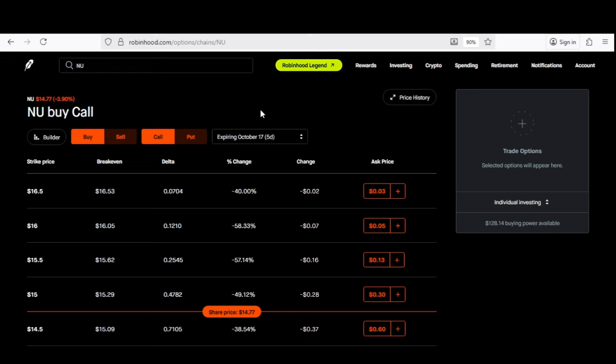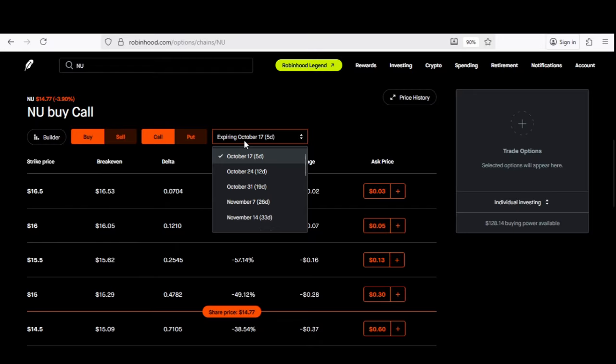Now, for the options, once again, I'm looking at an investing outlook for Nubank because I really like this stock and I have seen the opportunity. So for that, I'll go to buy. I'm going to go to call and choose my strike date. The expiration date I'll be using for Nubank is going to be, once again, all the way out to January 21st, 2028, and that's going to give me 831 days to expiration.